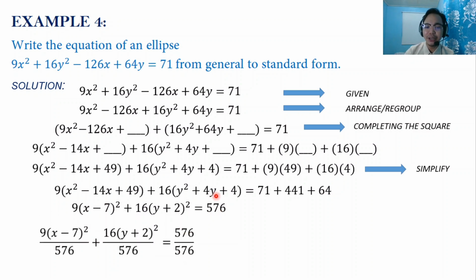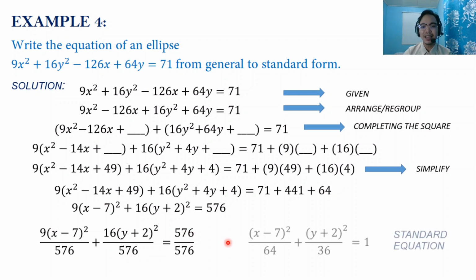So, kung ano yung number dito, i-divide natin siya by itself and also, idadamay natin lahat ng terms sa whole equation natin. So, we have now quantity 9 times quantity x minus 7 squared over 576 plus 16 times quantity y plus 2 squared over 576 equals 576 over 576.